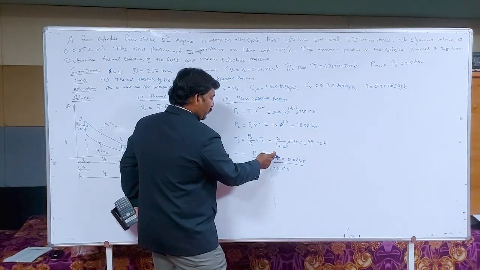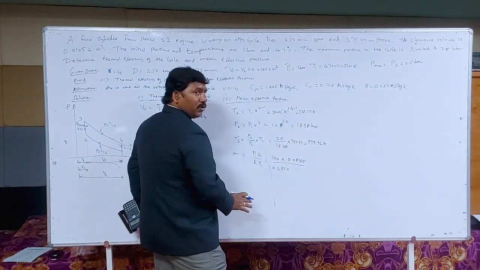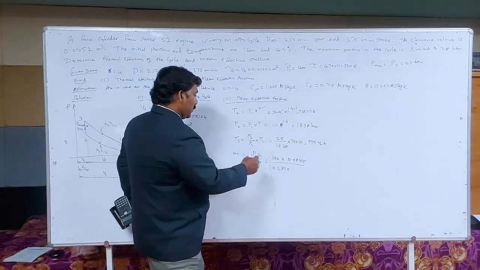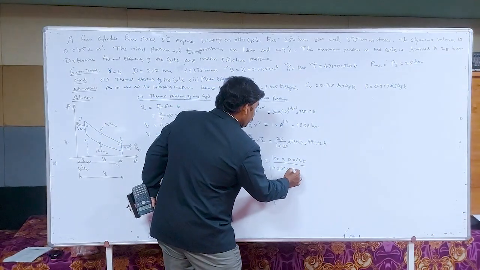Since I am substituting P1 in kilopascal, I am substituting R in kilojoule per kilogram Kelvin, into the temperature T1 is 320.